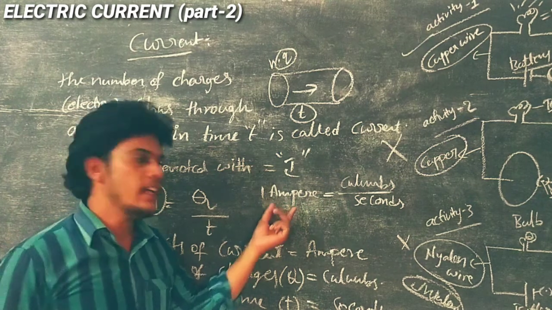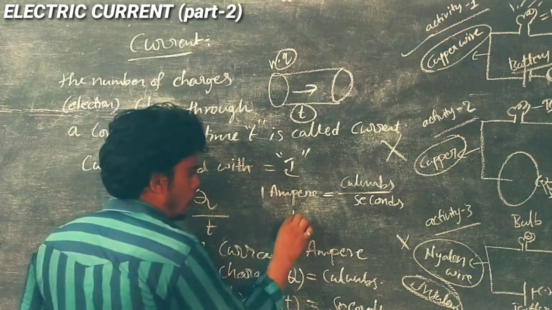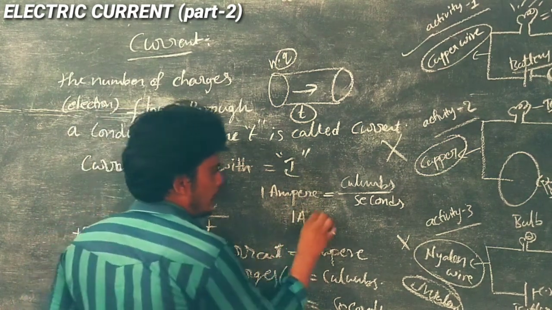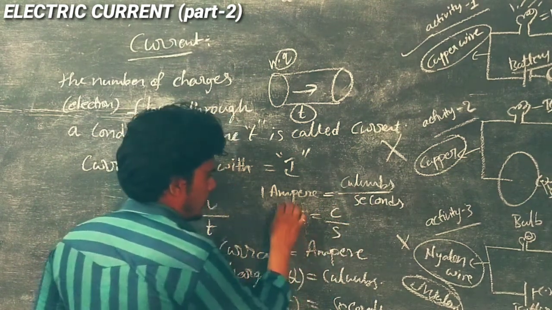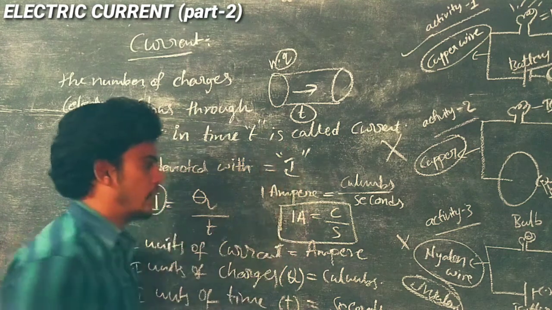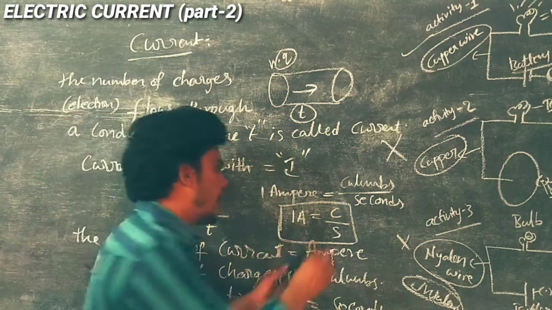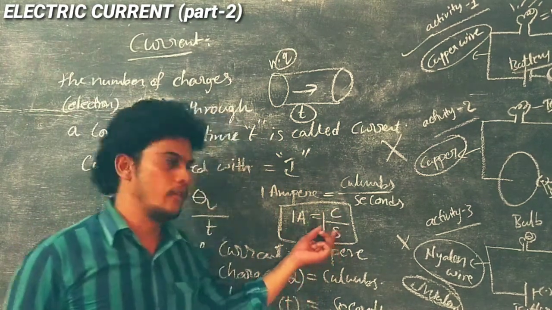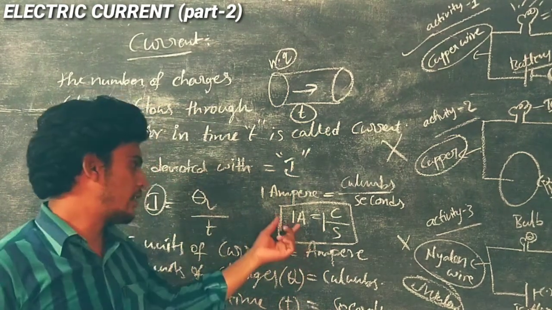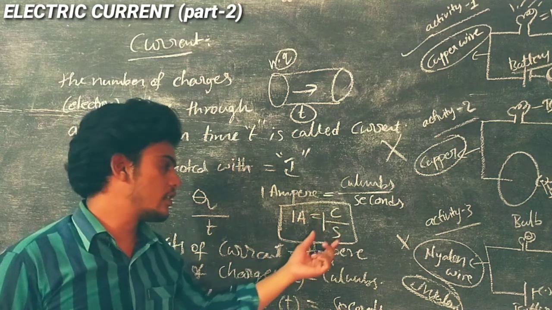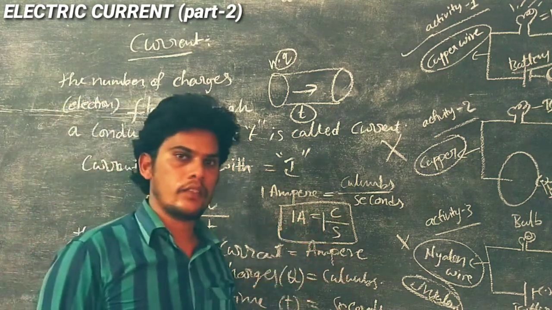Ampere can be denoted with A. So instead of ampere, we can write 1 ampere equals coulombs C by seconds S. These are the SI units of the current. So 1 ampere equals 1 coulomb by 1 second. 1 coulomb by 1 second is called current. So current can be defined as the number of charges flowing in the given time.